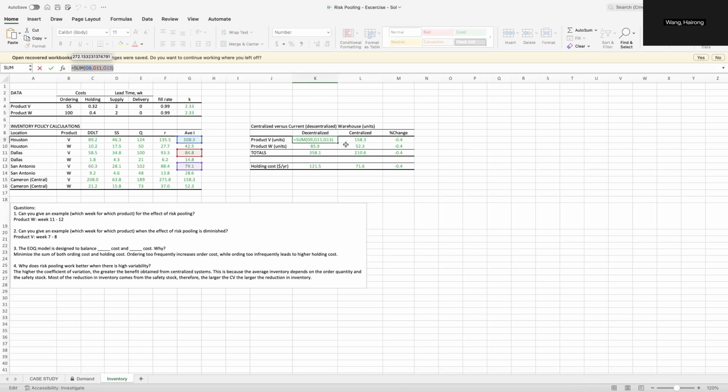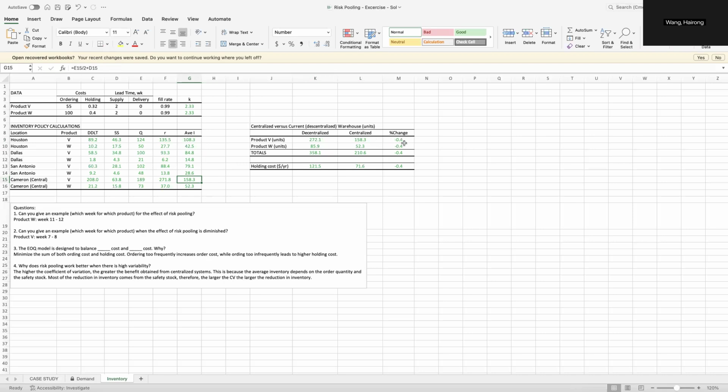And on the other hand, for centralized, we only have one location, which is centralized. So the centralized value for product V should be exactly the same as the average inventory here for the central warehouse.